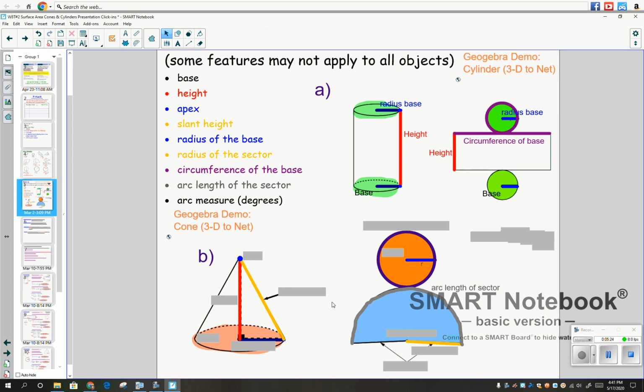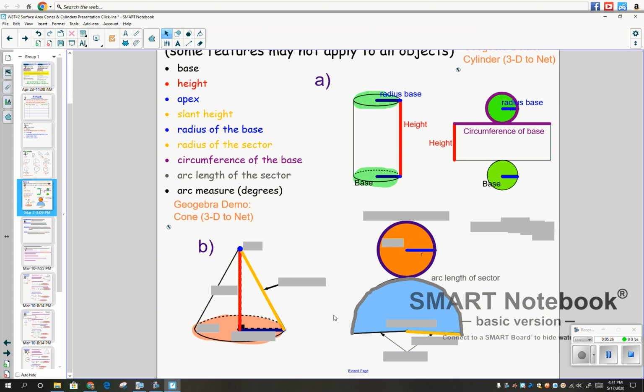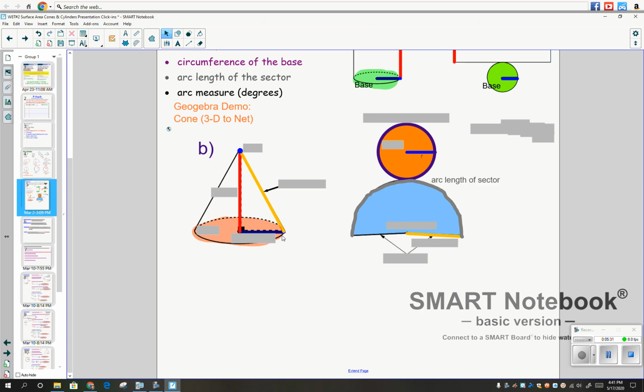And we have our cone. What's unique about a cone is it's only got one base. The orangish circles highlighted here are the base, in two different oranges. Both of those have a radius. You see it in my base here. This blue segment, where you see the R, is the radius as well, in the net of the cone.